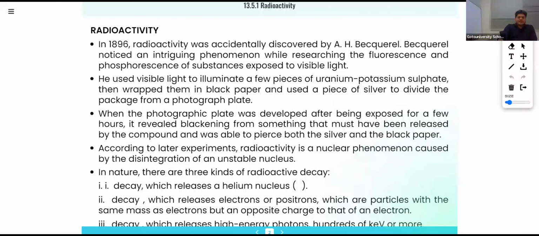First of all, types of decay: there are three types of decay. First is alpha decay.